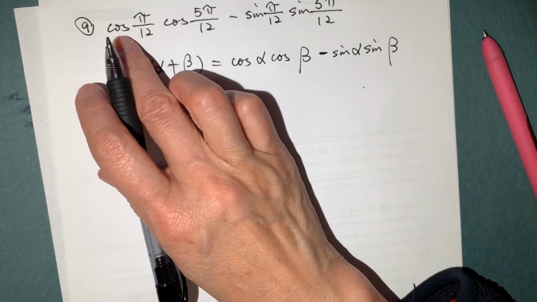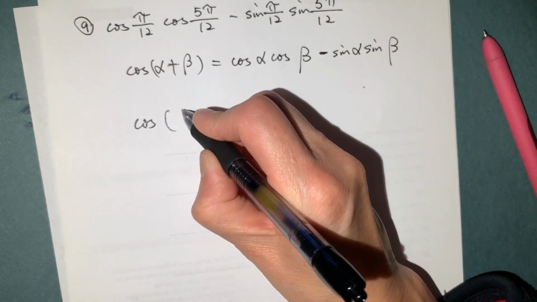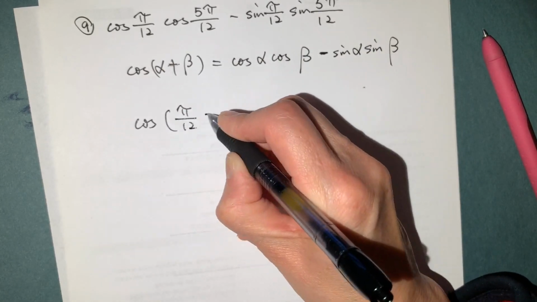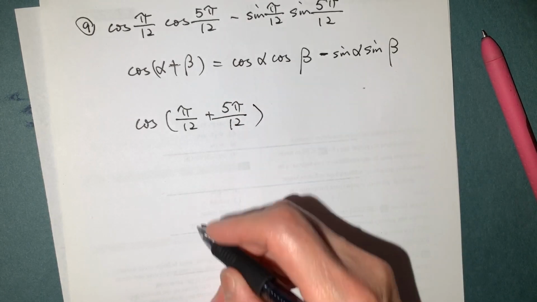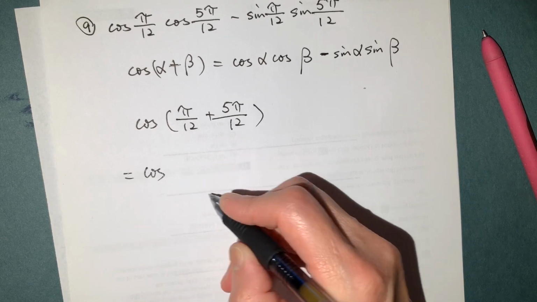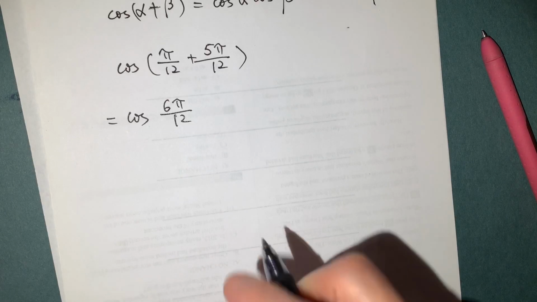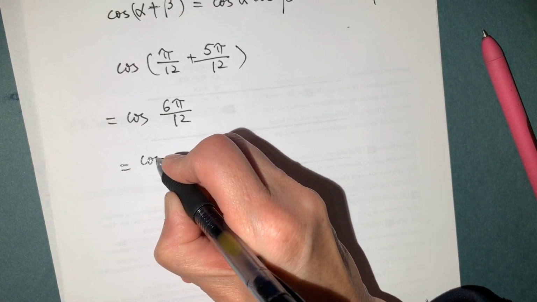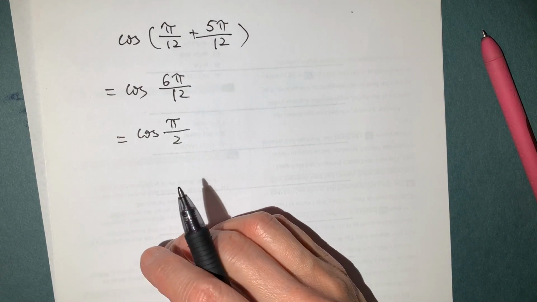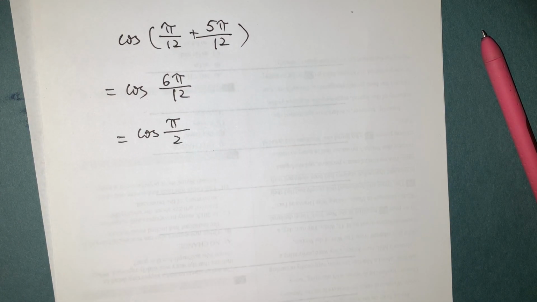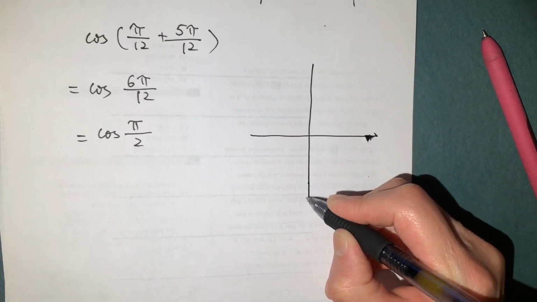So we can plug it in. This formula becomes cosine of pi over 12 plus 5 pi over 12, which equals cosine 6 pi over 12. What does it mean? It means cosine pi over 2, half a pi. One pi is 180 degrees, so half pi is 90 degrees, right?